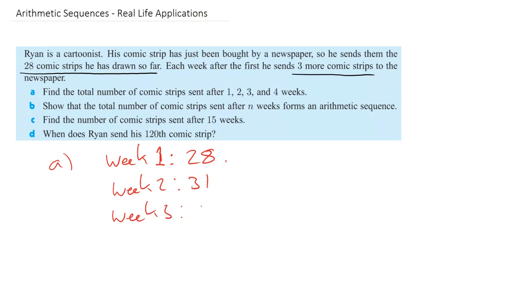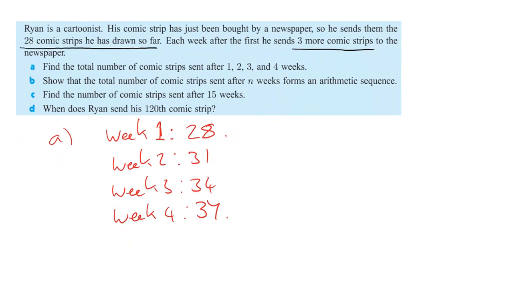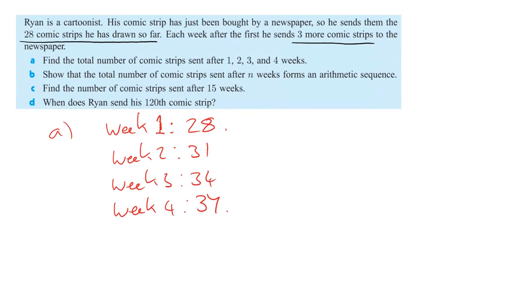Week 3 is going to be 34. Week 4 is going to be 37. So this question is just helping us to understand the sequence that we're looking at. We've got to read these things very carefully and draw out the correct answers, but it should be the same work as we've done already in the previous videos.